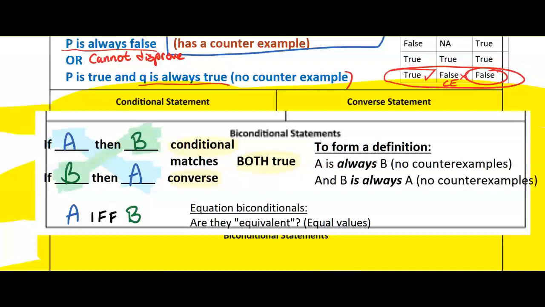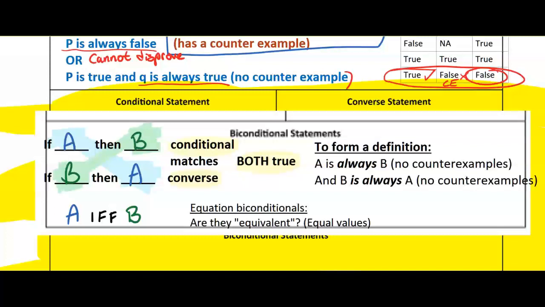What if I said a polygon that has 4 sides is a square? Is that true, that all squares have 4 sides? Yes. Are all polygons with 4 sides a square? No. What would be a counterexample?